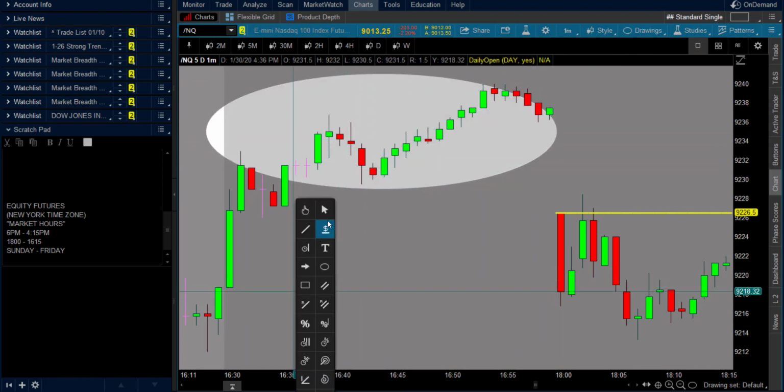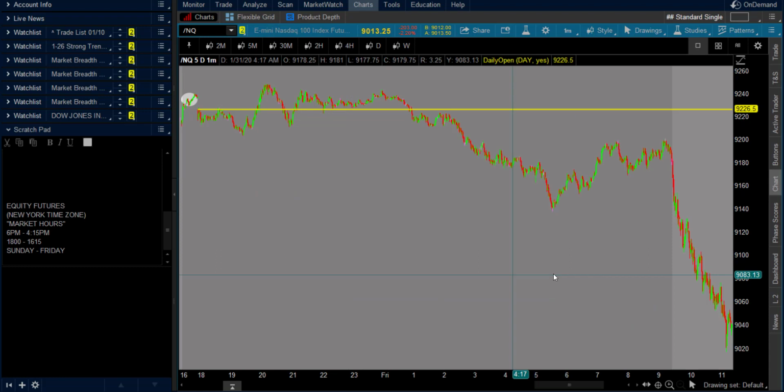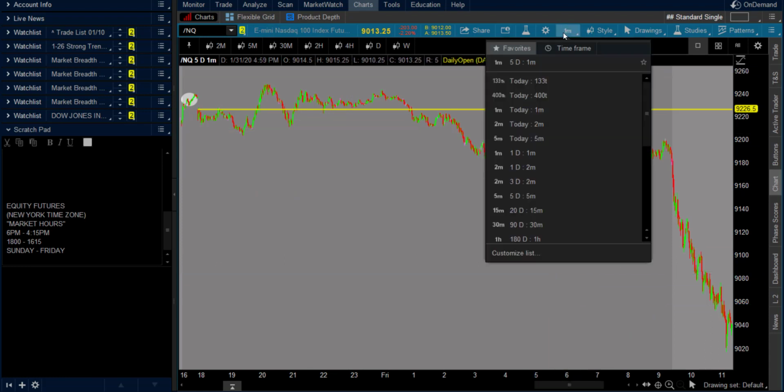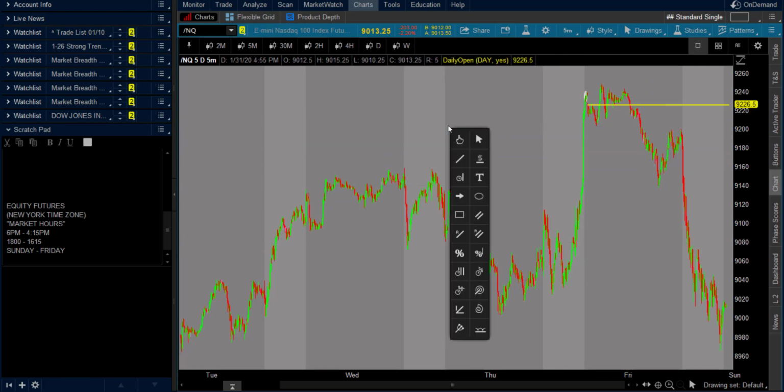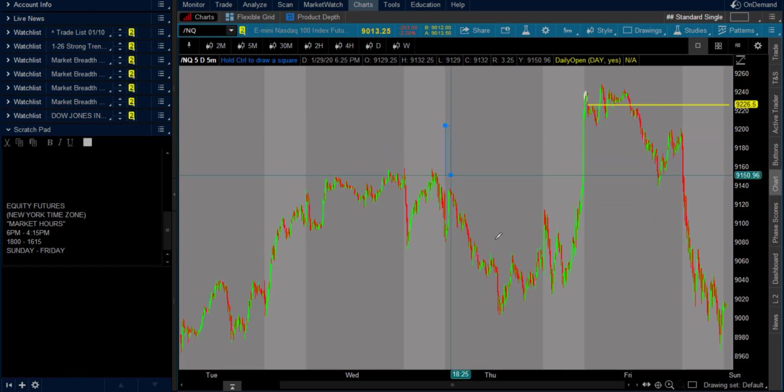You can see that Thinkorswim distinguishes between open market and the rest of the time by shading the time frames. So in this darker shaded area, that's when the market was closed, right?